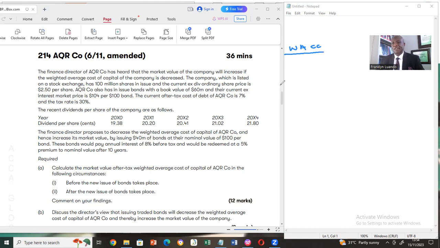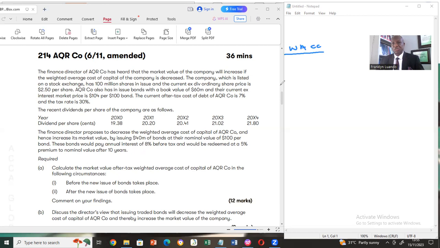WACC is the weighted average cost of capital, which is the average return expected by the investors. It is calculated when a project is being funded by different types of capital, and that capital should be used to evaluate the project.